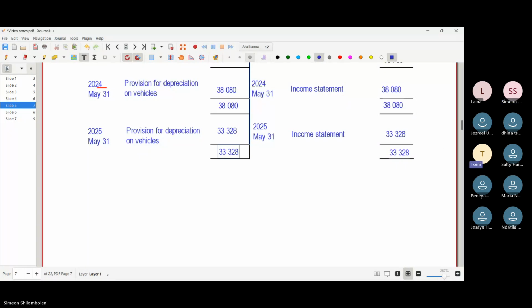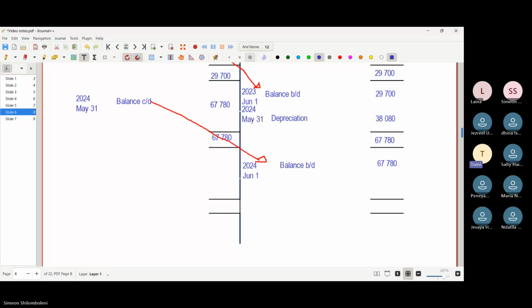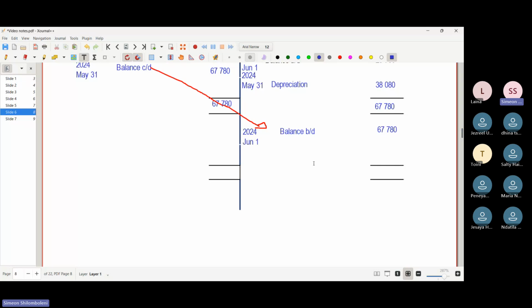We go to the depreciation account. Provision for depreciation. Then we write the 31st of May 2025. Depreciation of 33,328.